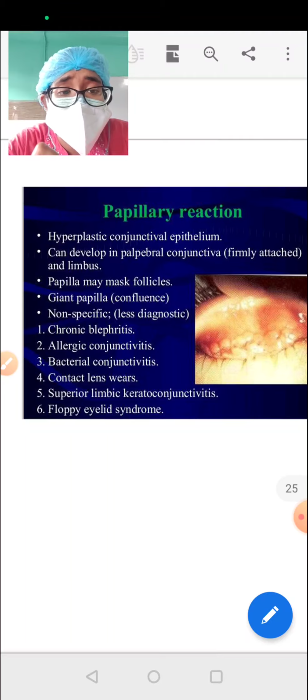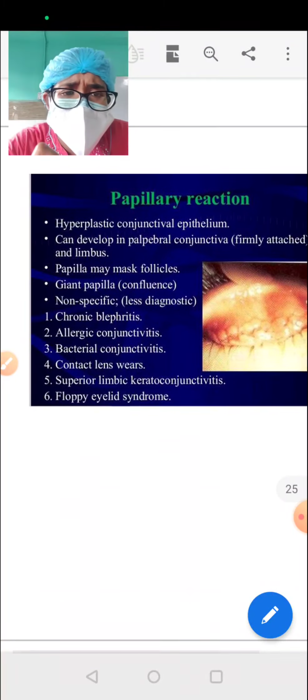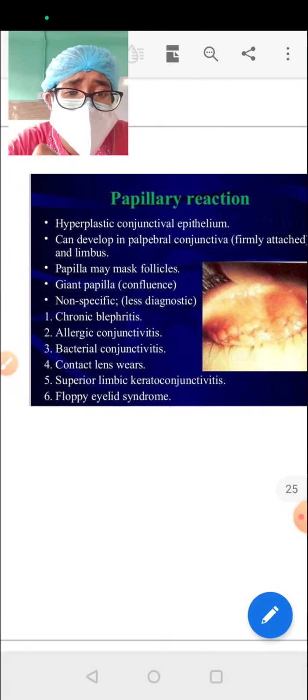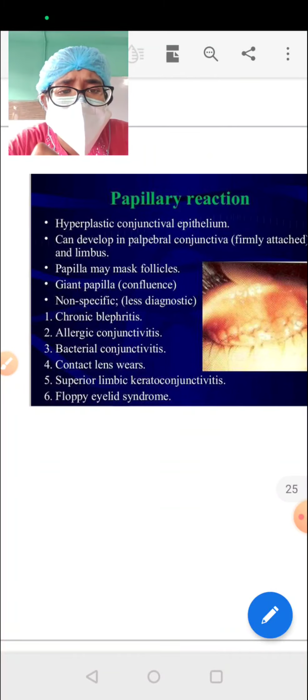It may be giant papilla or nonspecific. These are found mainly in cases of allergic conjunctivitis and bacterial conjunctivitis. Others like superior limbic keratoconjunctivitis are not very common; you may find them, but the main ones are allergic and bacterial conjunctivitis.